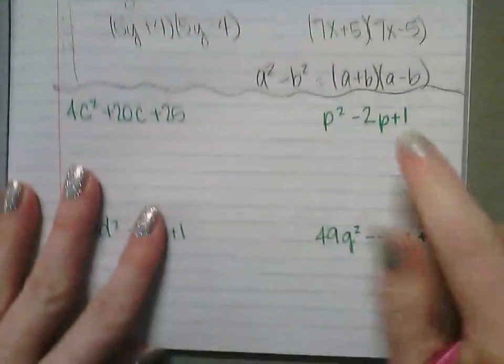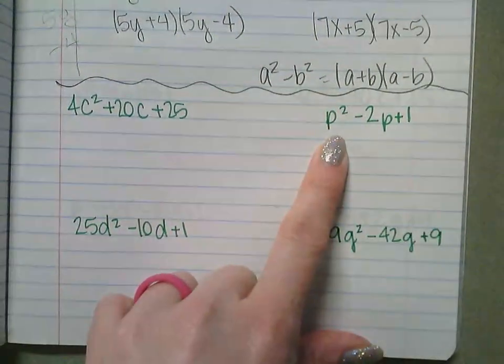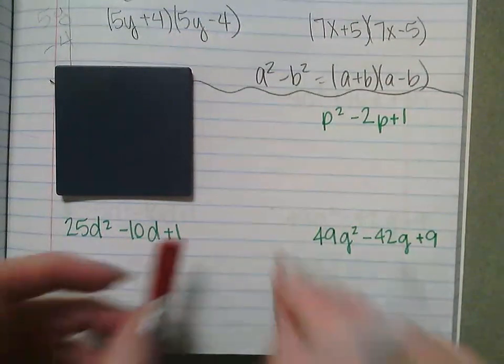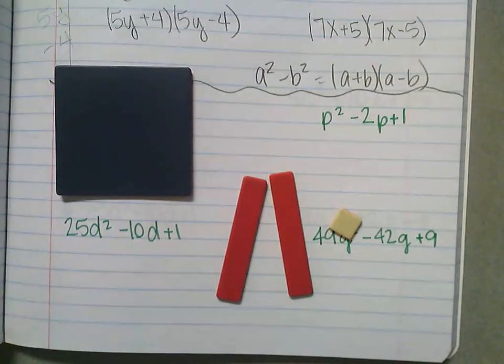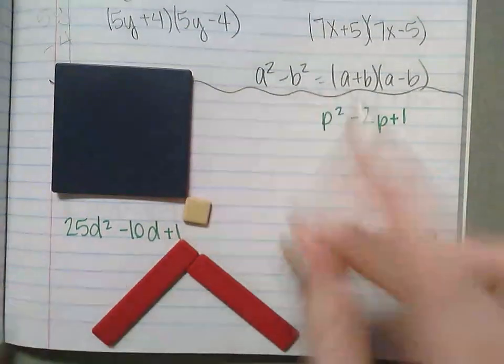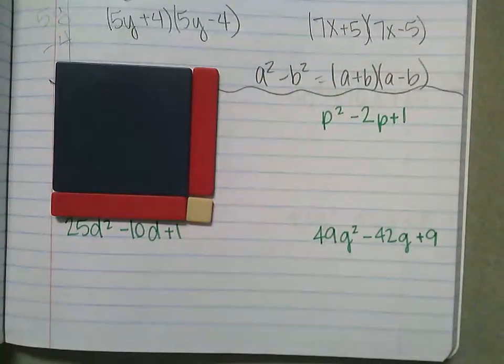Okay? I'm actually going to start with this one because it has less stuff going on. So, p squared minus 2p plus 1, and everything today makes perfect squares. So, we know the yellow goes here, and then we happen to have these two, and they're just going to fall in right there. Made a square. Right?